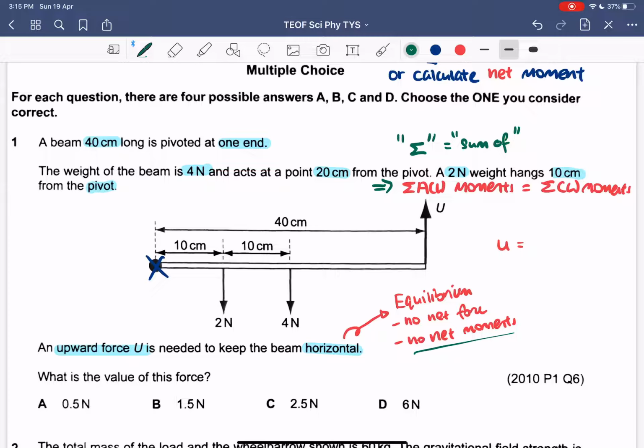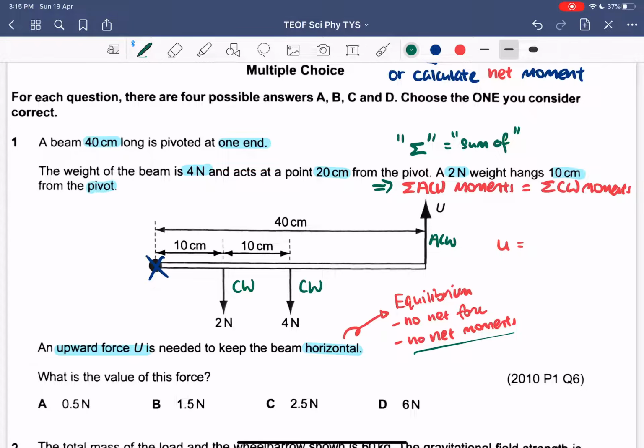Once we have this, let's go back to our forces and decide which are clockwise and anti-clockwise. For this force, it causes the beam to turn this way, so this will be a clockwise direction. Same for this, clockwise. But for this over here, it turns the other way, so it will be anti-clockwise.